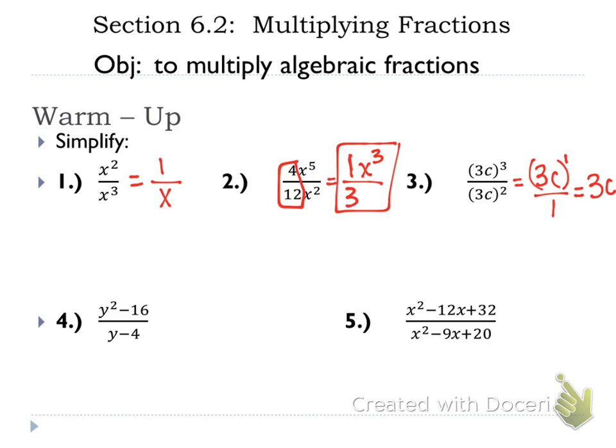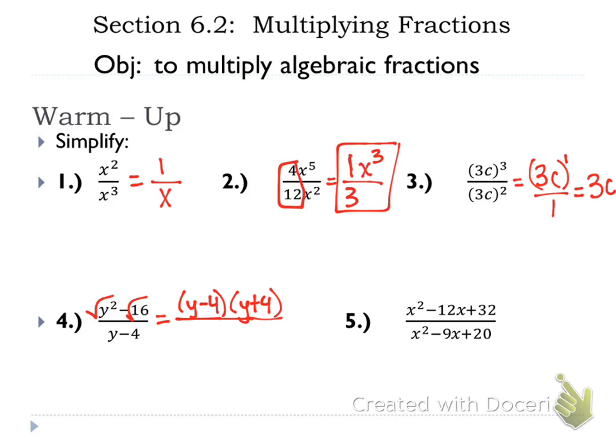In order to be able to simplify this, we have to factor it. So Lexi is correct. To factor it, we will use square roots. So what is the numerator going to factor into? Y minus 4, y plus 4.